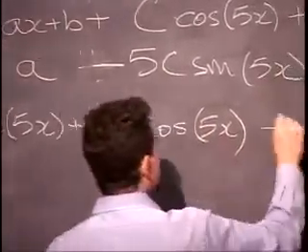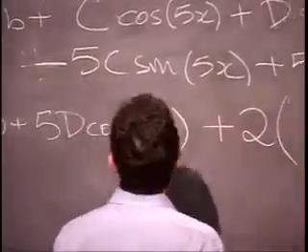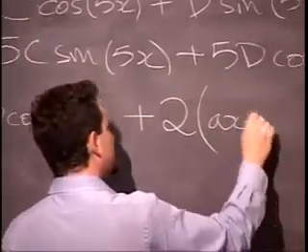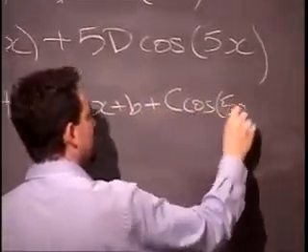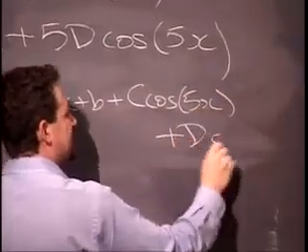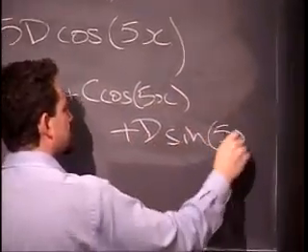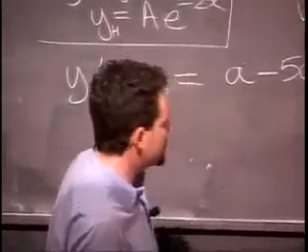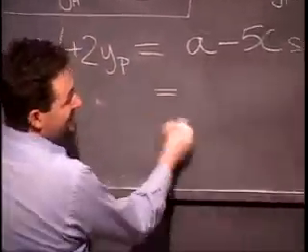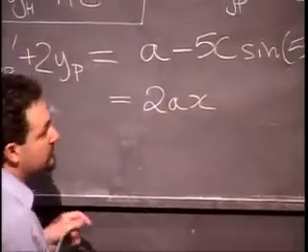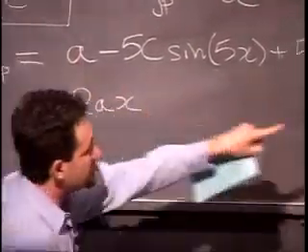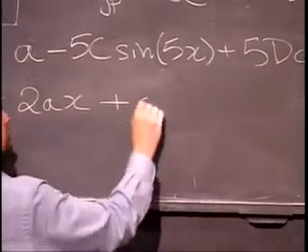And plus twice the yp, which is ax plus b plus c cosine 5x plus d sine 5x. All right, let's group similar terms. The x term is just 2ax. The constant term is a plus 2b from over there.